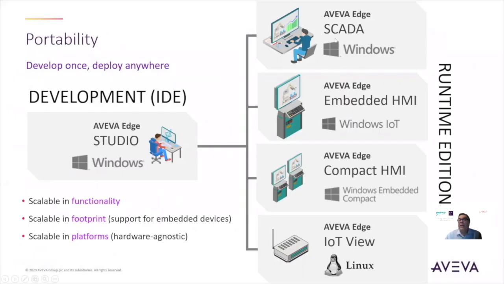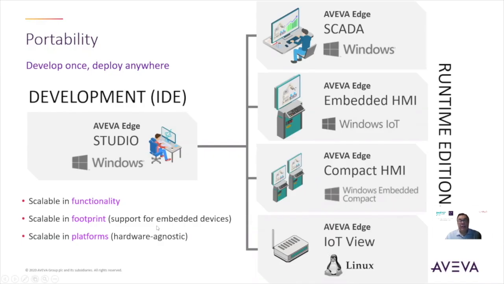One we call AVEVA Edge SCADA, which is on Windows desktop or server operating systems. AVEVA Edge Embedded HMI is for Windows IoT Enterprise, either LTSB or LTSC. Then we can also deploy on what's formerly known as Windows CE, the runtime license that we call Compact HMI, and even running on Linux, what we call IoT View.